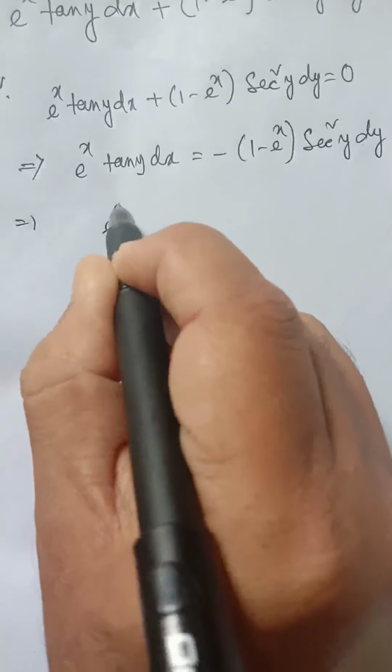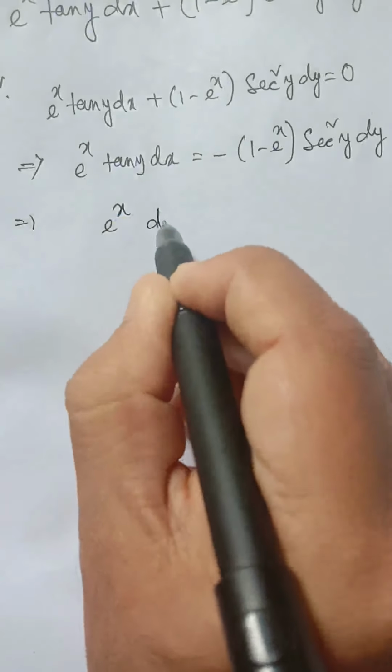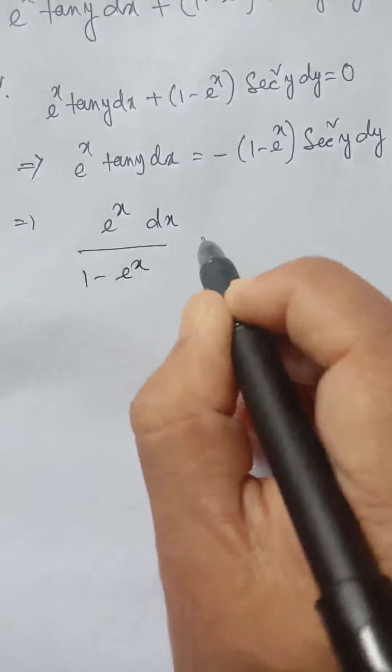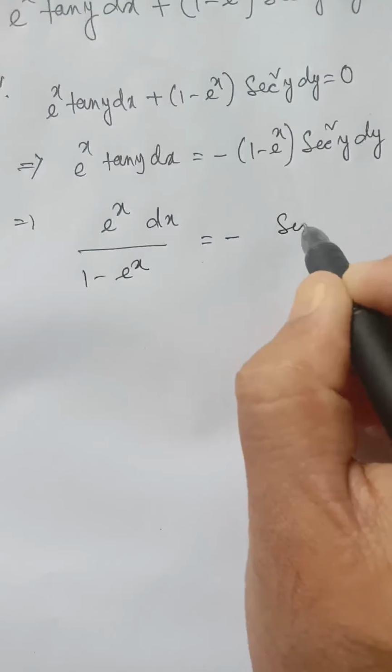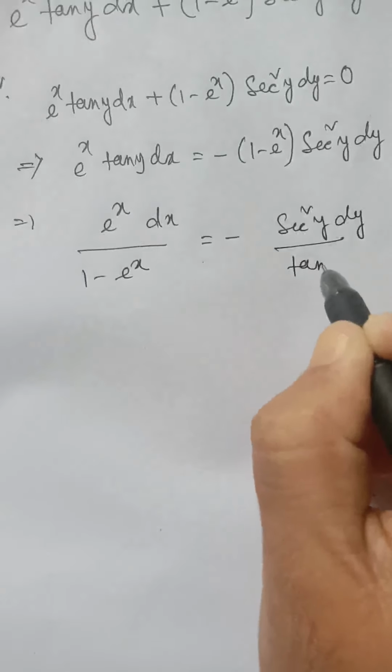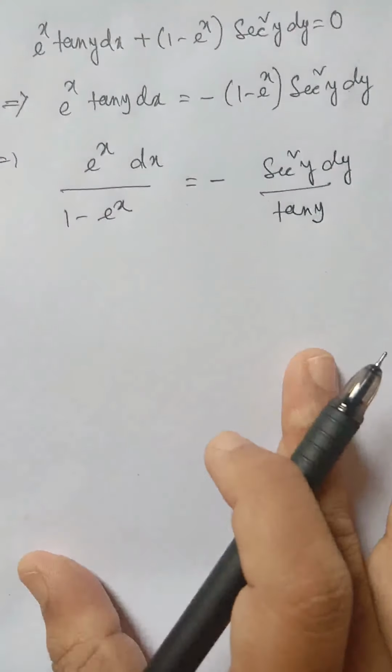So e to the power x into dx by 1 minus e to the power x equal to minus of sec square y dy by tan y. So the variables can be separated.